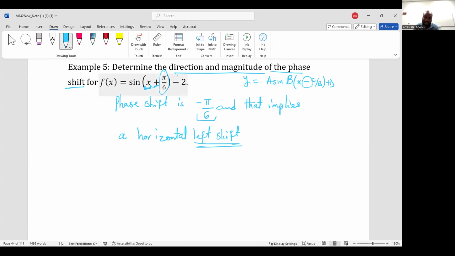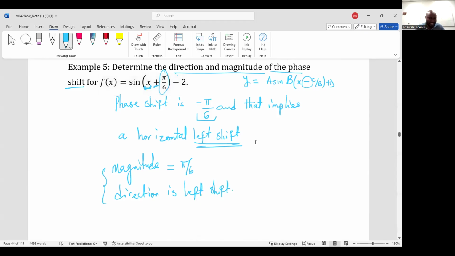That is the magnitude itself and the direction. So I can say magnitude is pi over 6. Direction: the negative is the part that is giving you direction. Direction is left shift. So depending on what the question is asking you to do.